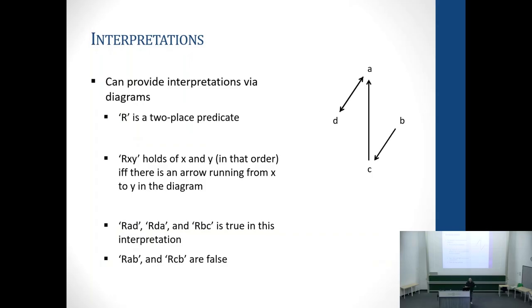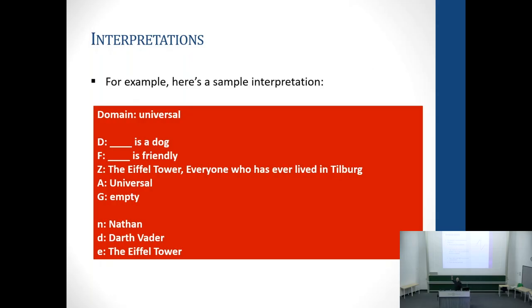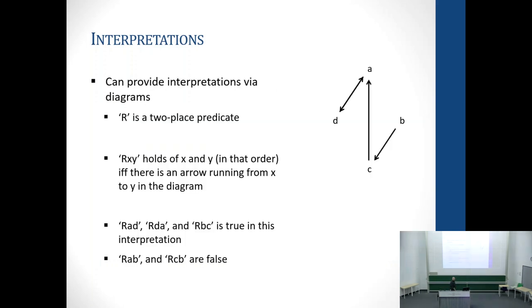So again, what can we do when we're building interpretations? To go back a slide, you can do it this way, where you list off the domain, relevant names, and the extensions of the predicates, which can be settled either directly or indirectly. Or you can do a diagrammatic interpretation, where the domain is fixed by simply being on the diagram, and we use arrows to express the holding of a relation.